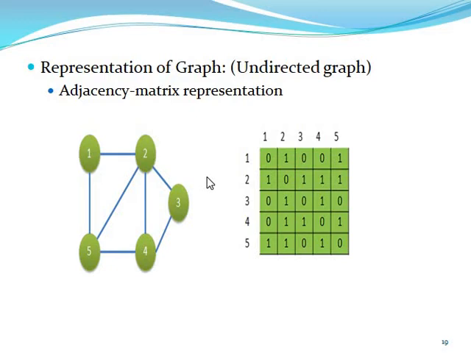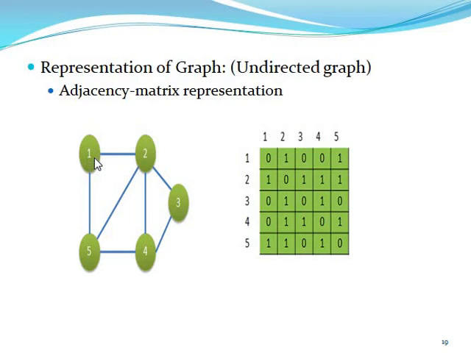So in the matrix for the undirected graph, it means the connection has no particular direction, only a connection.